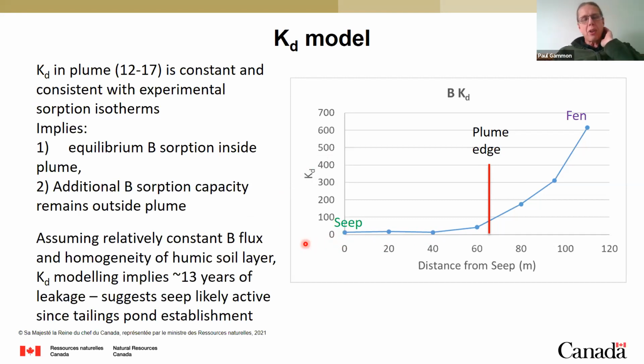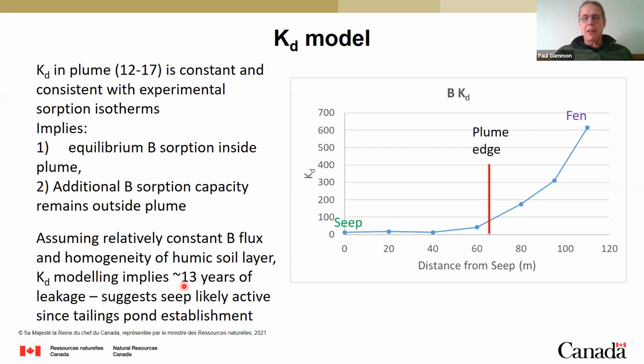You can go one step further than that, and it's something that's important for understanding the history and the length of time. You can make a few assumptions and start thinking, how much of a boron flux do we have? So if we take the hydrologic model that we've generated and understand it with these partitioning coefficients, it suggests that the seep has been active for 13 years.